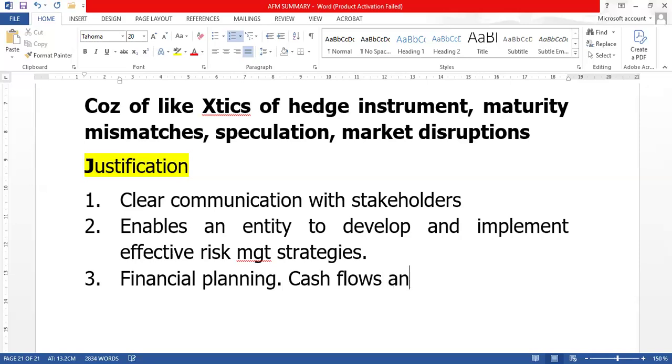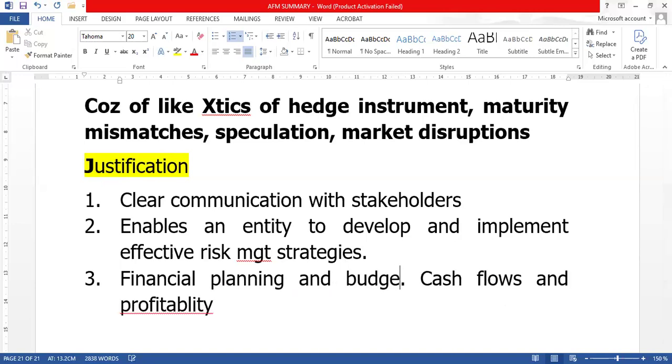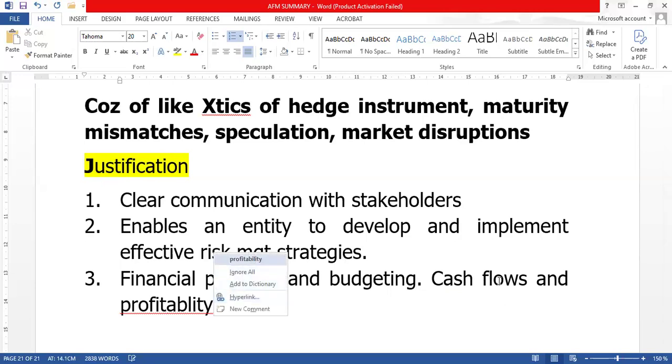Once you know that, it will help you predict how it can affect your cash flows or your profitability. It will help you in terms of budgeting, financial planning and budgeting, and how that risk may affect your cash flows or your profits.